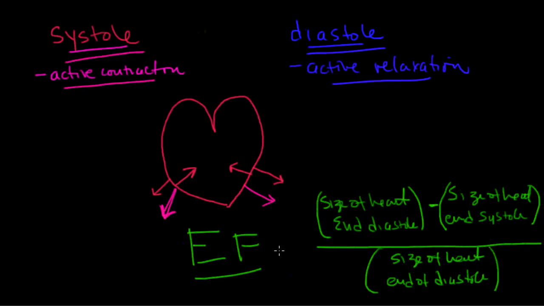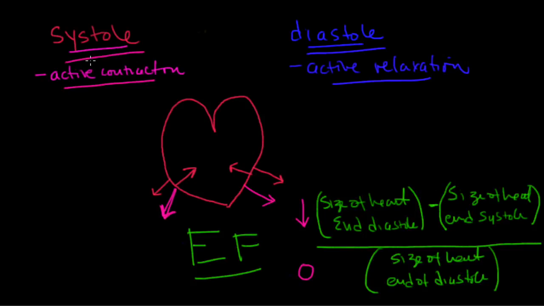So what we're saying here is that the ejection fraction is the proportion of blood that the heart can pump out in one contraction. The thing I want you to notice is that if the heart has a hard time contracting, this number up here is going to get smaller. But this number is going to stay the same.